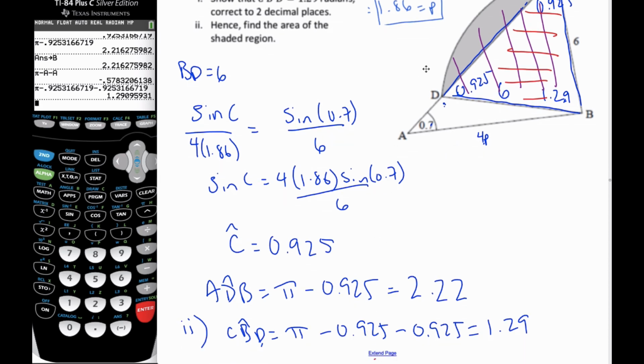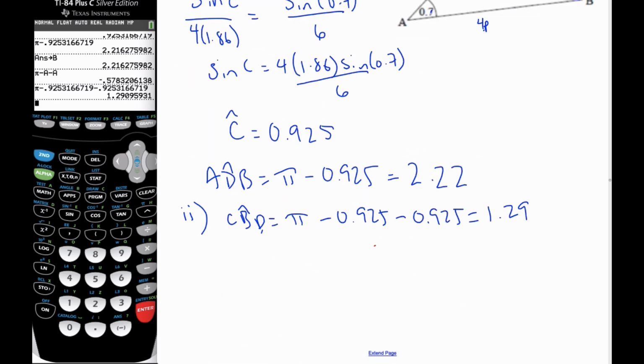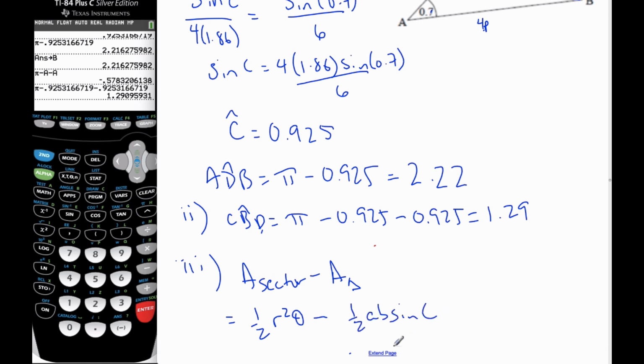So putting that all together, we're going to go the area of the sector minus the area of the triangle. The area of the sector is half r squared theta. Area of the triangle is half AB sine C.